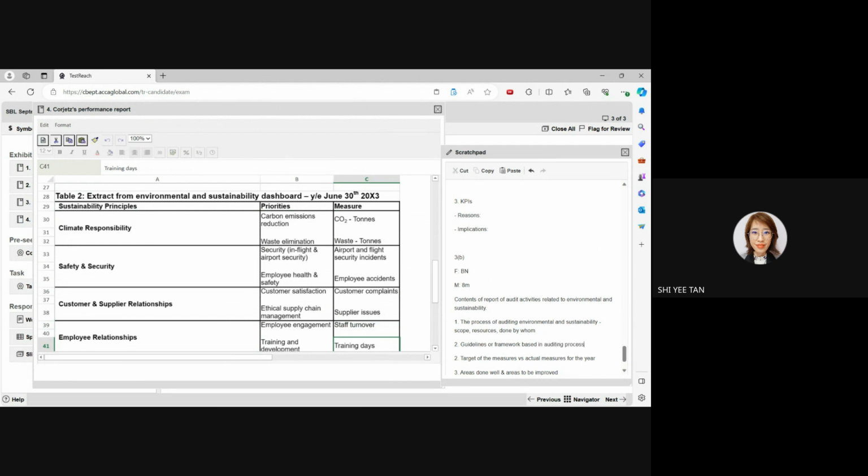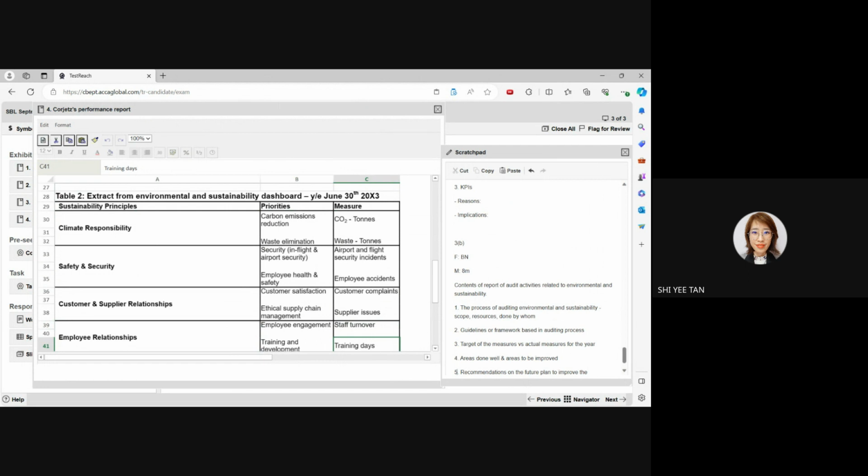When the auditors audit these environmental and sustainability aspects, based on what kind of framework do they do the audit? Also, it's a good input for our stakeholders to know about it.